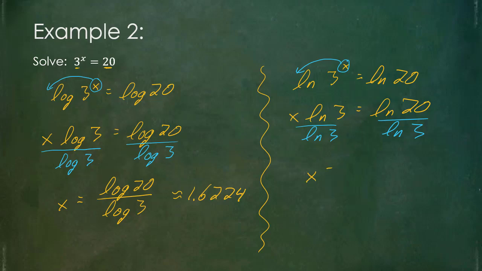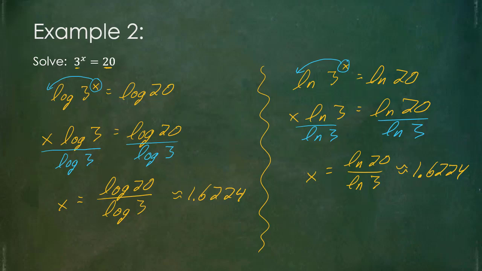And even though I used a different log, I'd still get the same value, and if we were to type in natural log of 20 divided by the natural log of 3, we would find that it also equals approximately 1.6224. So it comes down to personal preference, which of those two logarithms you prefer.